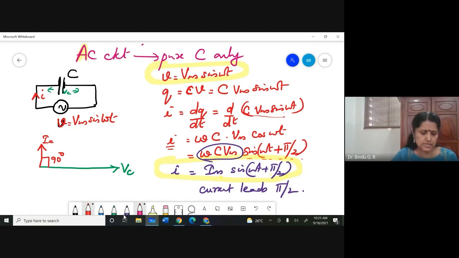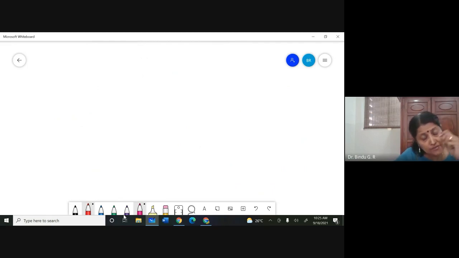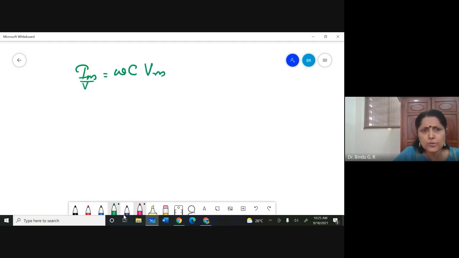Which means I have a new term coming here. Instead of our inductive reactance, I got Im is equal to omega C Vm. Or if I put root 2 here, I can write I RMS is equal to omega C V RMS.